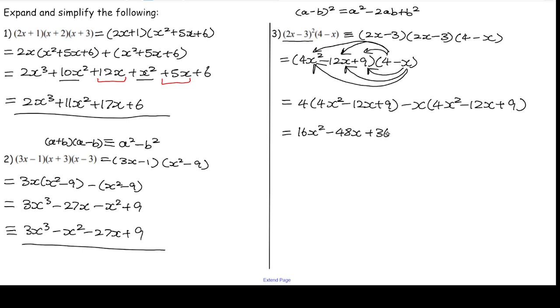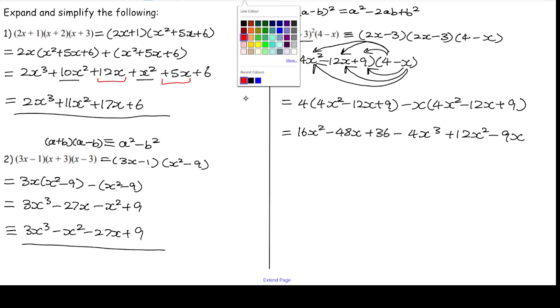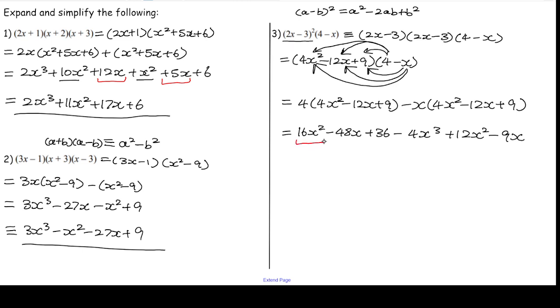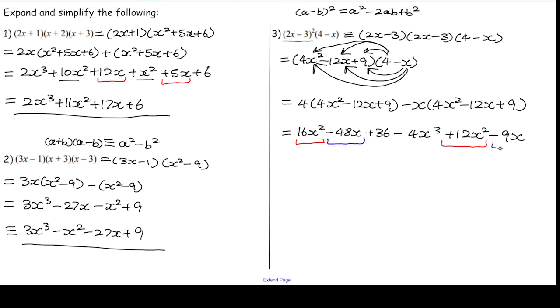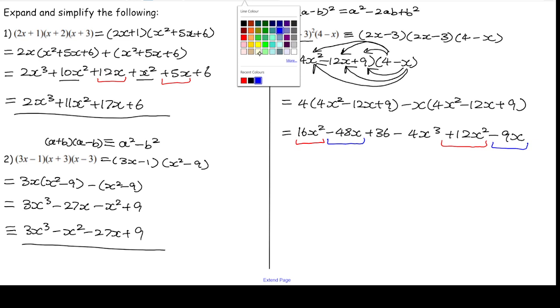What about for the second single bracket? That becomes minus 4x cubed plus 12x squared minus 9x. Do we have any like terms? Yes, we do. 16x squared and plus 12x squared are like terms. And minus 48x and minus 9x are like terms.